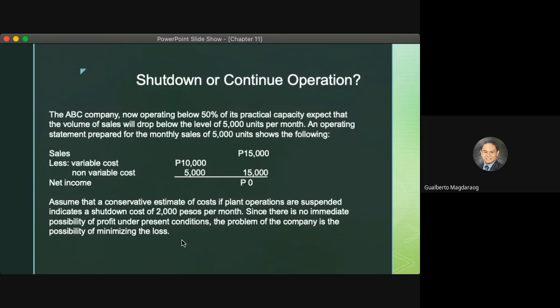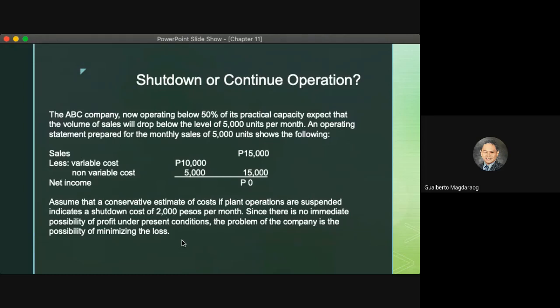Okay? And how to compute that? You deduct the shutdown cost from the fixed cost of operation and then divide by the contribution margin per unit. So dito sa illustration natin, that's 5,000, the non-variable cost, less the shutdown cost of 2,000, divided by 1 peso contribution margin equals 3,000 units.